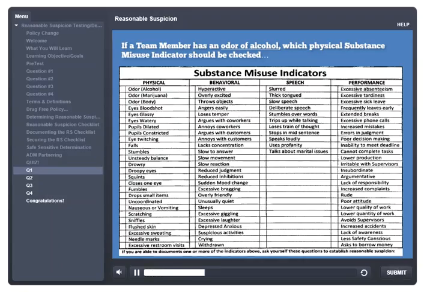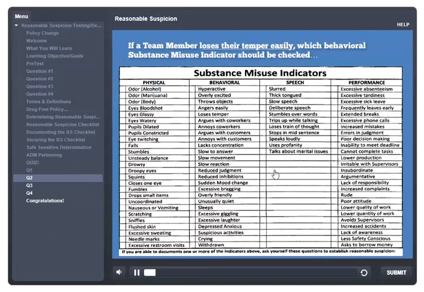If a team member has an odor of alcohol, which physical substance misuse indicator should be checked? If a team member loses their temper easily, which behavioral substance misuse indicator should be checked?